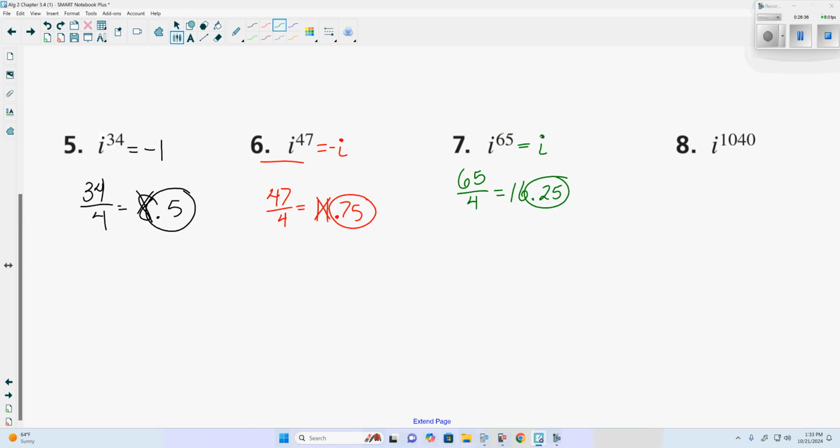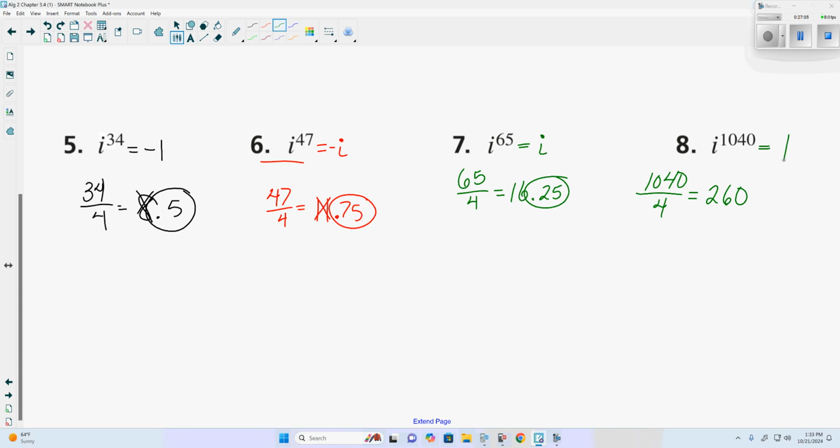Last but not least of the set here, we have 1040. And we're going to divide it by 4. 1040 divided by 4 is 260. If we type it in the calculator, we'll see it's 260, and it would be 1.